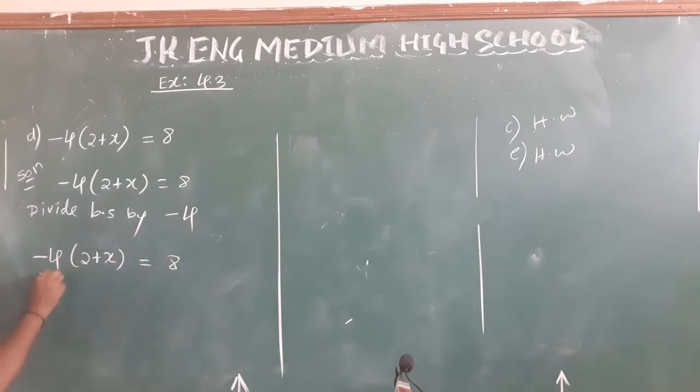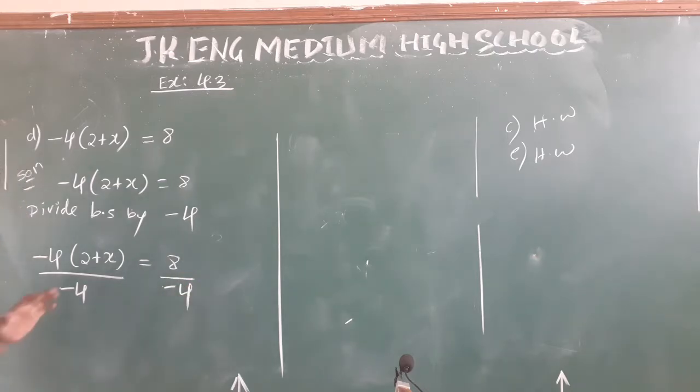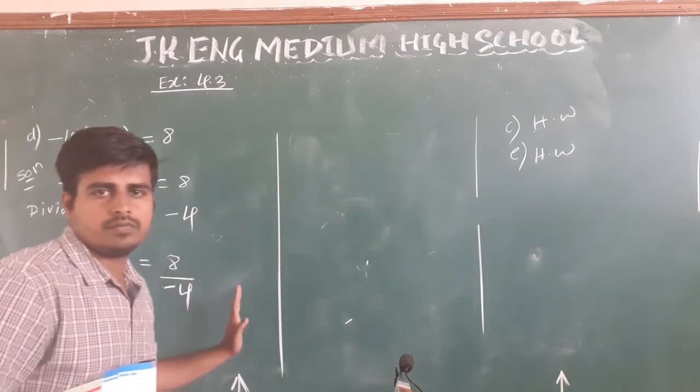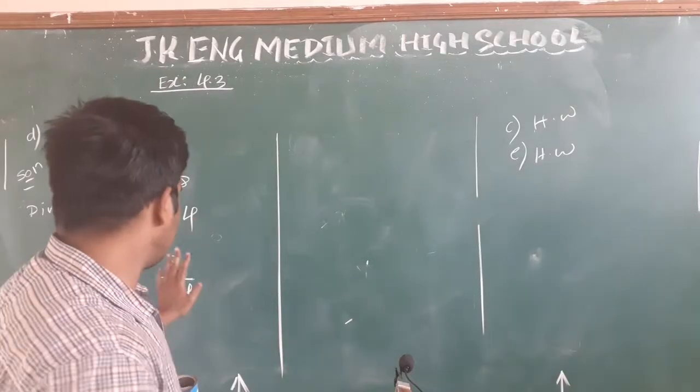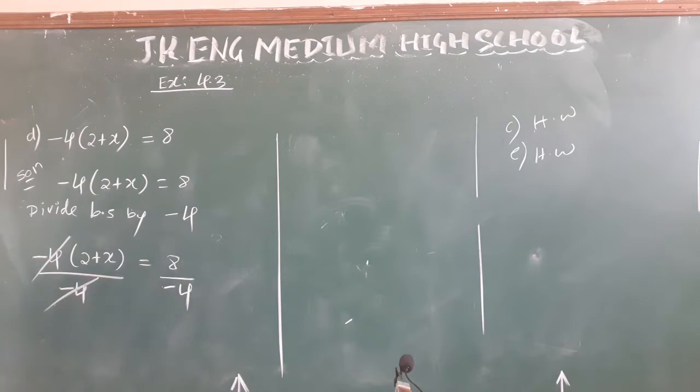Divide by minus 4. What you do in the LHS, same operation you have to do in the RHS. Minus 4 will get cancelled.